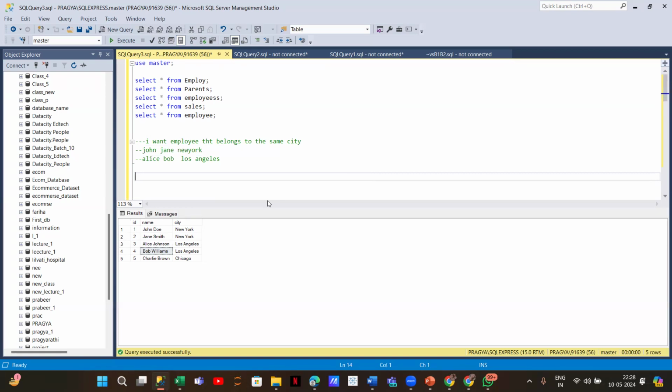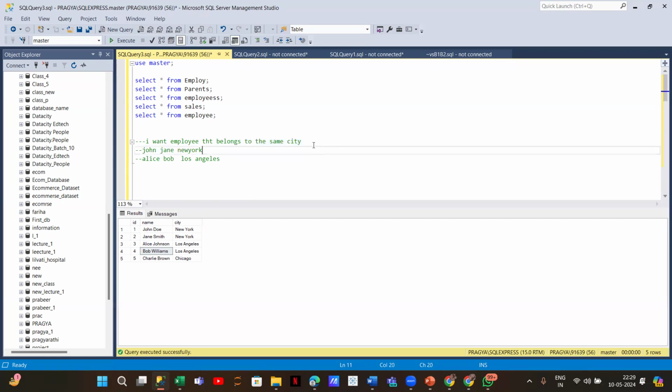Okay, so how can we do it? Tell me the common column that I want to have. Here it's written that I want the employees that belong to the same city. So here my on condition is already given. In on we write the common columns, right? Here the common column is already given, that it should belong to the same city.